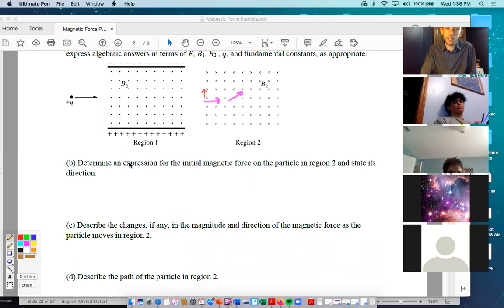Now which way is the magnetic force going to point? The magnetic force is going to get tilted as well, because it is governed by the right-hand rule. So if my velocity is tilted up like that, then my force is going to be up and to the left as well.